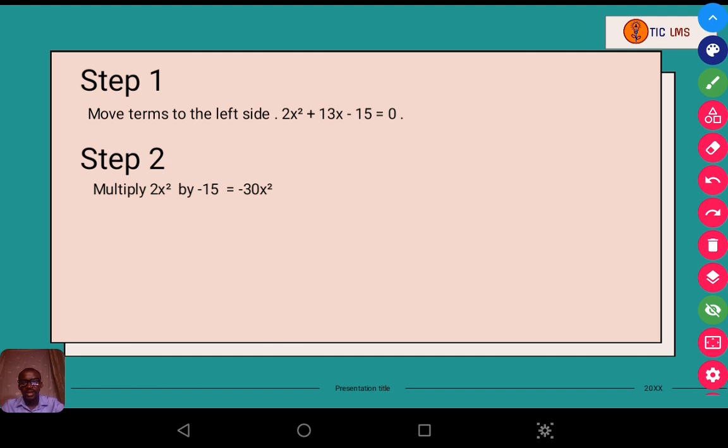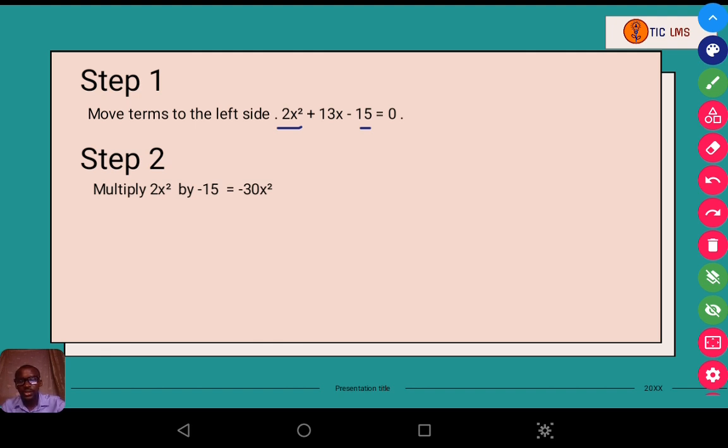The second step is to multiply 2x squared by negative 15. Here is the 2x squared, and here we have the negative 15. Now when you're multiplying, ensure that you multiply with your signs.